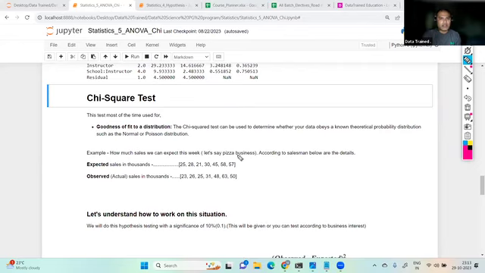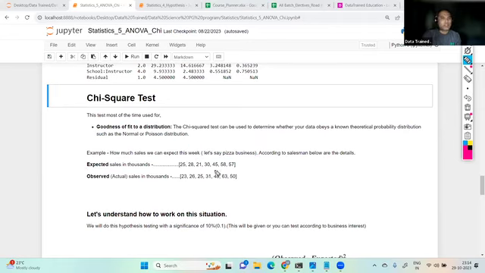To take another example, let's say a pizza business. We ask the person, "How much can you expect next week in terms of sales?" The expected sales are 25,000, 28,000 for Monday, Tuesday, Wednesday, and up to Sunday.